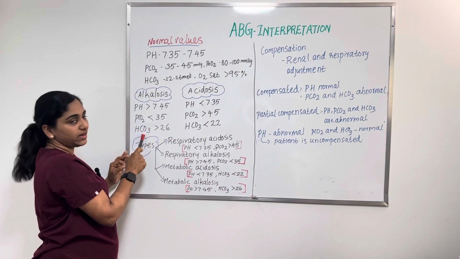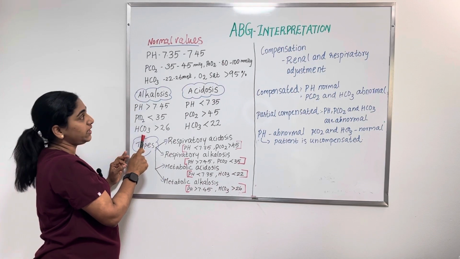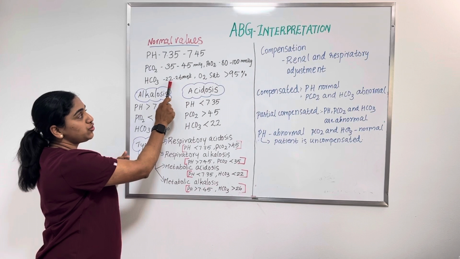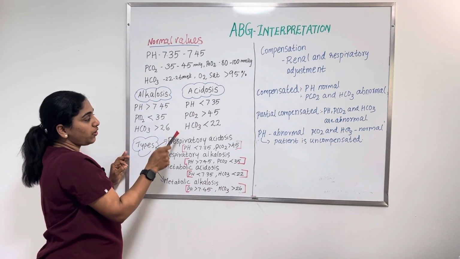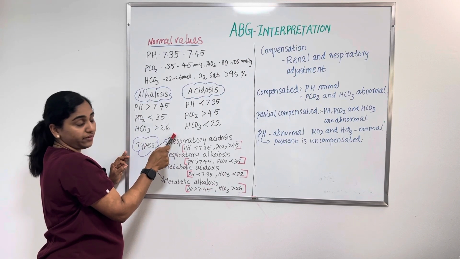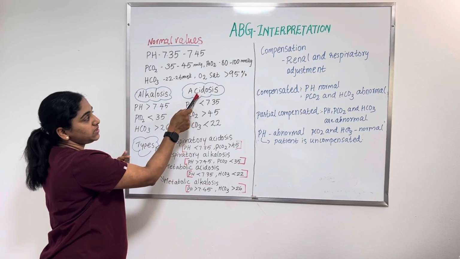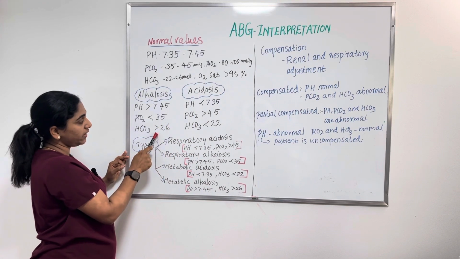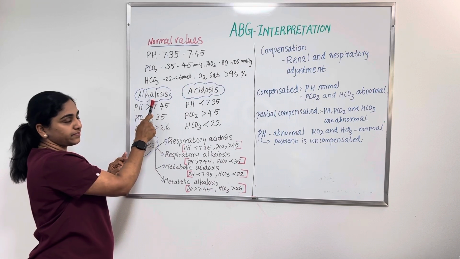The next one is bicarbonate. The normal value which we have already seen should be between 22 to 26, right? If any value is below 22, it is acidic, and if it is greater than 26, that means alkalosis.